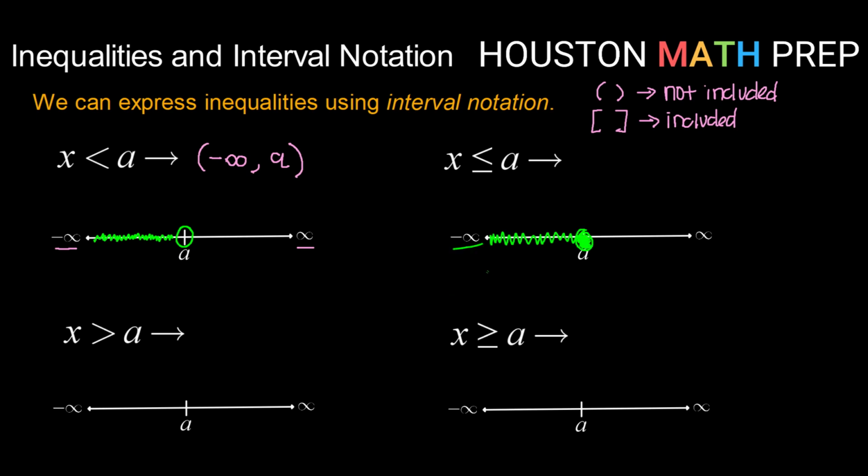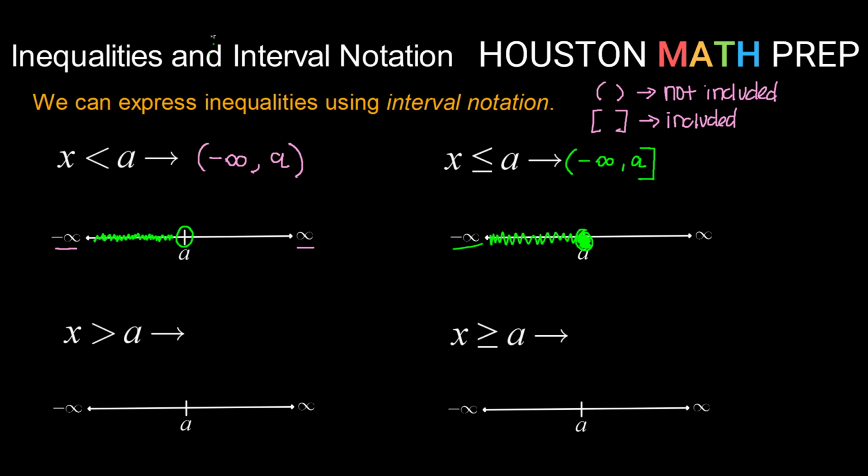Looking at our endpoints, we're going from negative infinity up to a. Again, negative infinity is an idea. We can't ever include that, so that's going to be closed with a parenthesis. But a now is included because we have equal to a and a solid dot. So that side is going to get closed with a bracket.